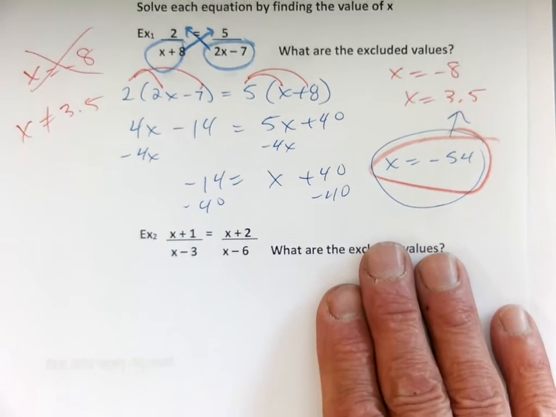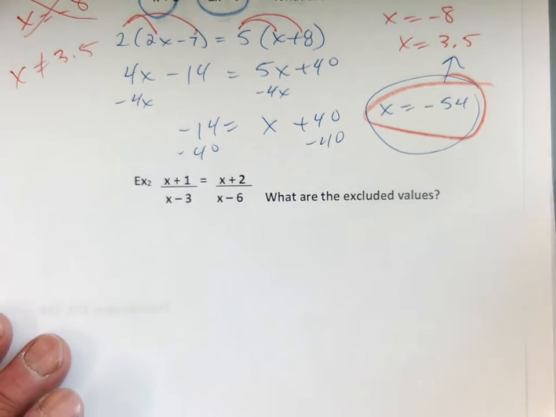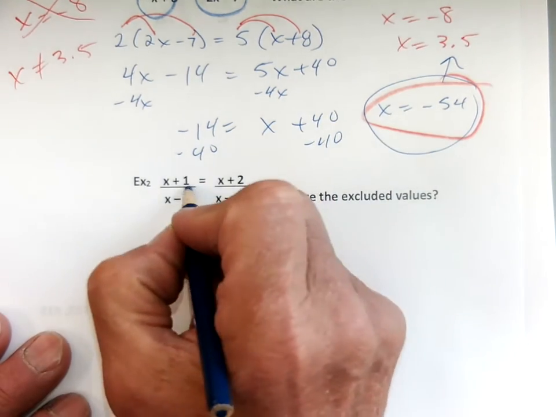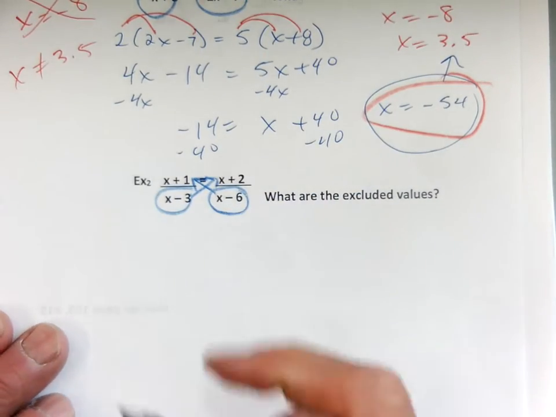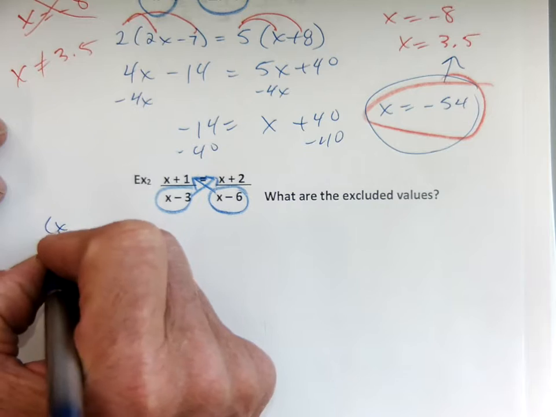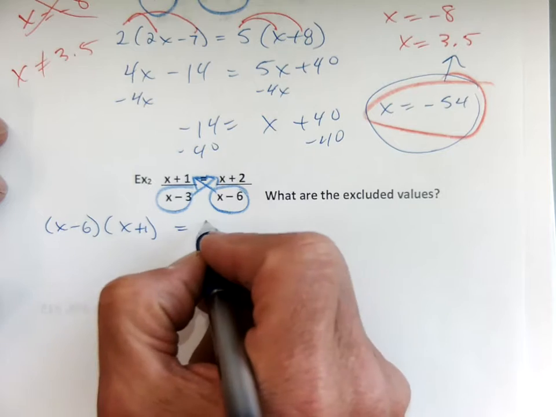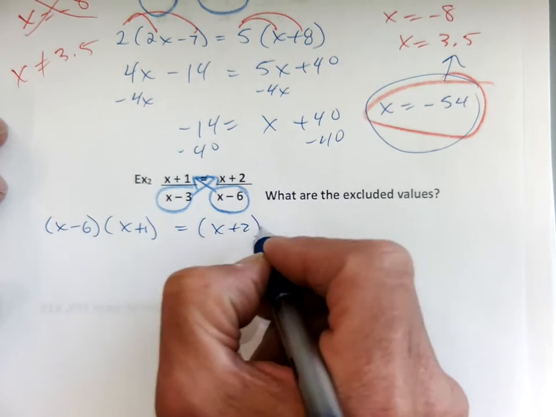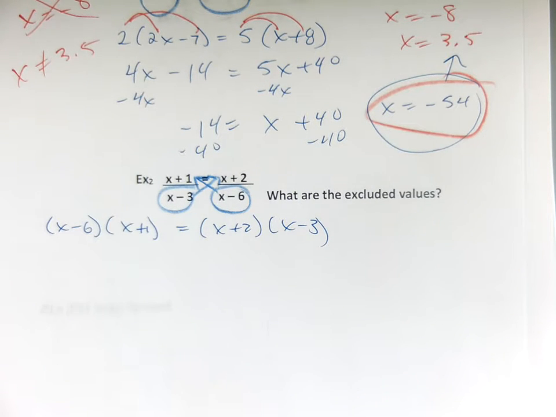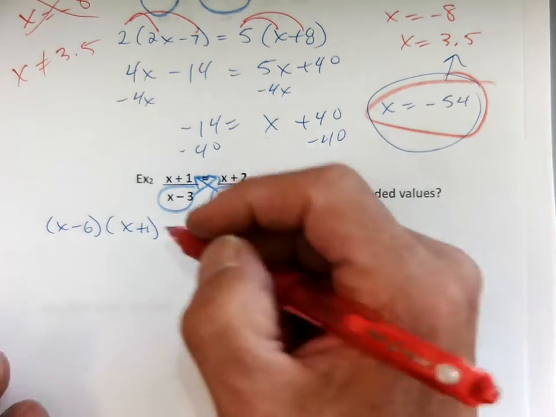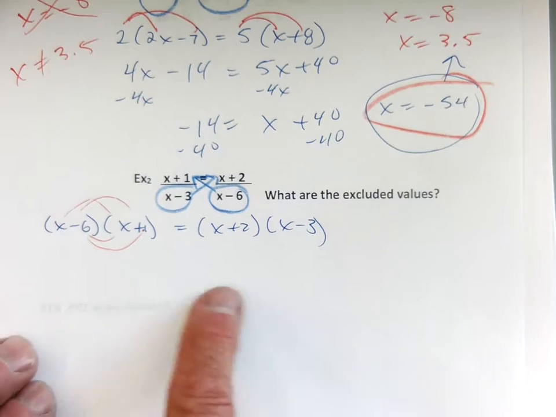Okay, example 2. I have a fraction equal to a fraction, so we're going to cross multiply and solve. I'll have x minus 6 times x plus 1 equals x plus 2 times x minus 3. Then I'm just going to do a big FOIL problem. I think this is the exact same problem, number 3, that I did.